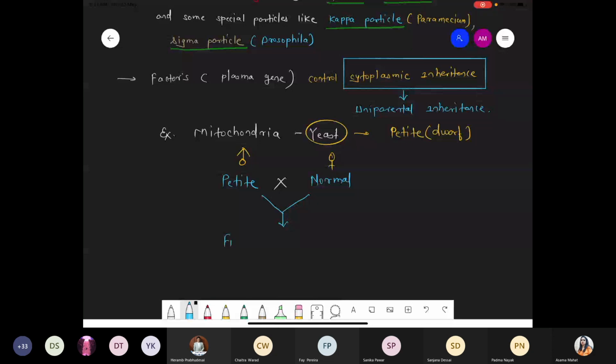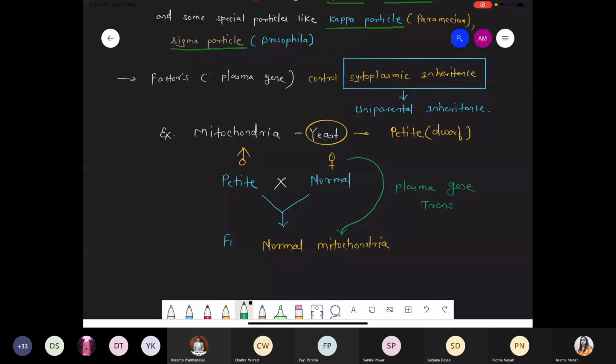But in this scenario, there is production of all normal mitochondria. The mitochondria are not peptide. All the mitochondria are normal. Why are they normal? Because from the mother there is a transmission of a plasma gene, because mitochondria come under the plasma gene.